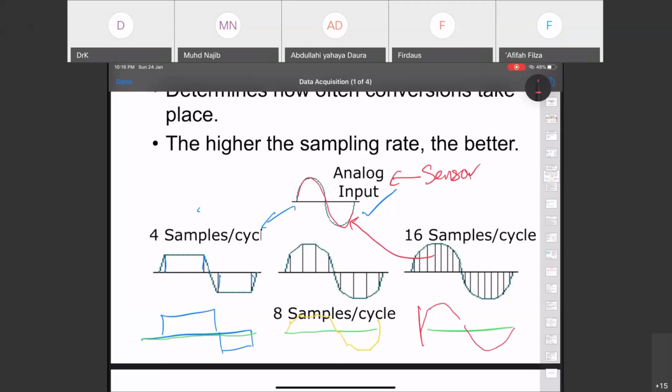If you look at the first example here, your sensor is reading a sinusoid, but your A to D is not so efficient. It will give the microprocessor a square wave, so you have information loss here. This is misinterpretation of information, so it's totally bad.